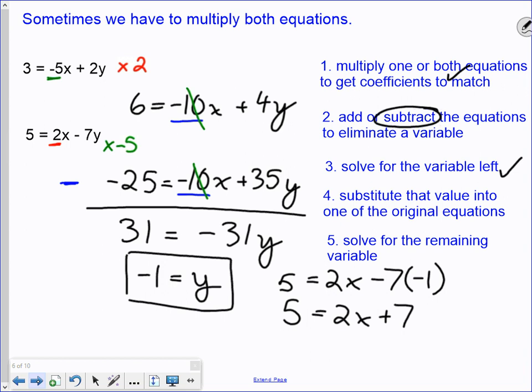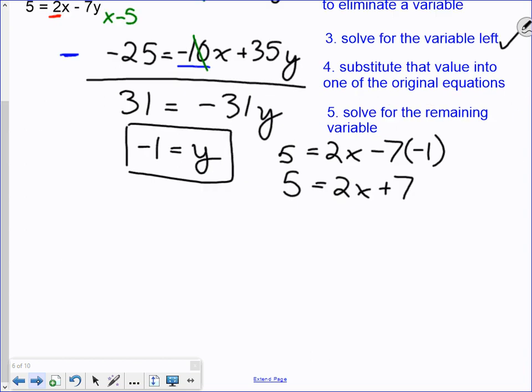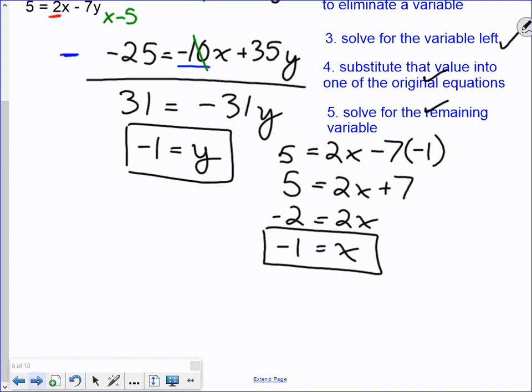If we subtract 7 from both sides, we'll get negative 2 equals 2x, and divide both sides by 2, x equals negative 1. So there's our solution, x equals negative 1, y equals negative 1, or the point negative 1, negative 1.